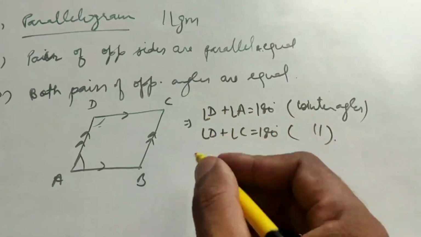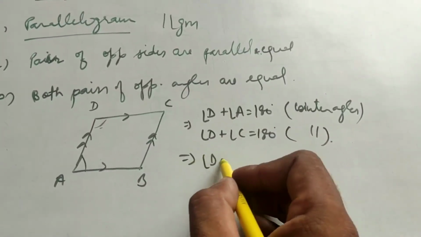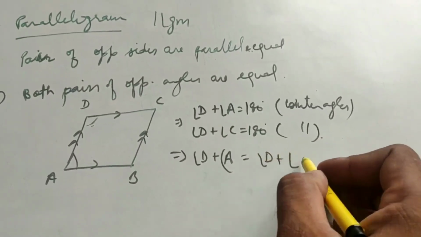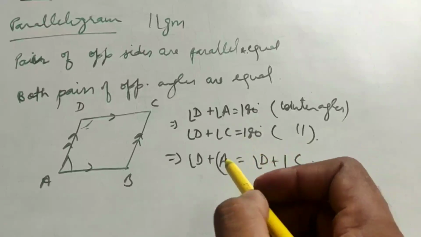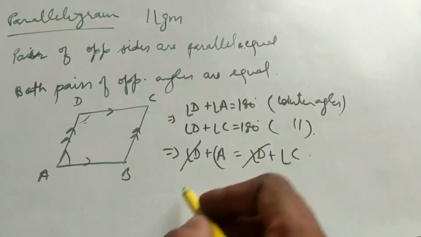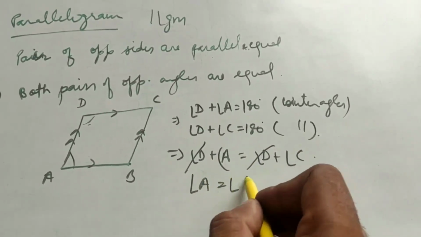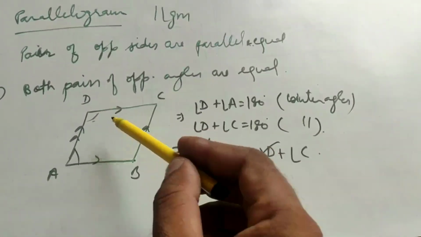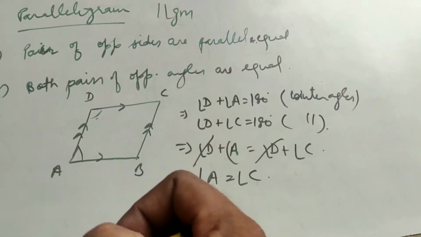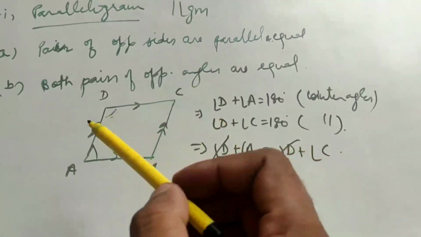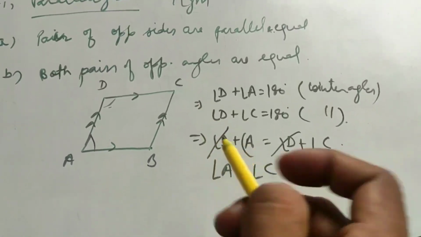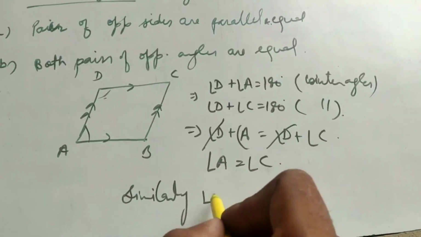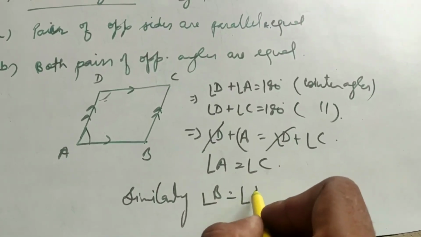So angle D plus angle A must be equal to angle D plus angle C, because the sum is 180 degrees. D and D get cancelled, so angle A is equal to angle C. So opposite angles are equal. Similarly we can prove angle B equal to angle D.